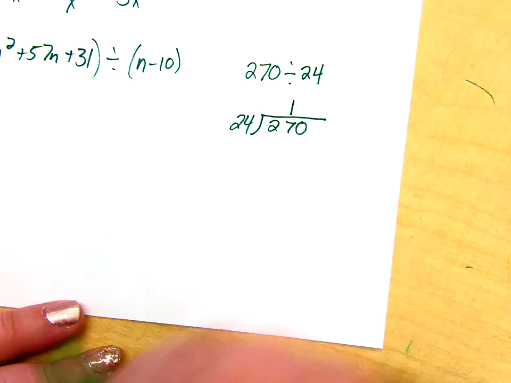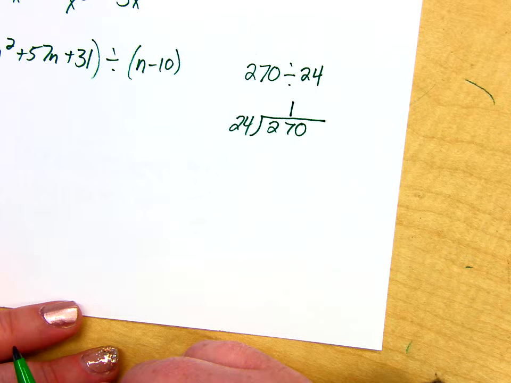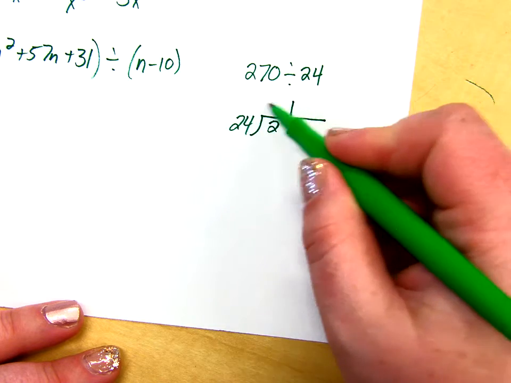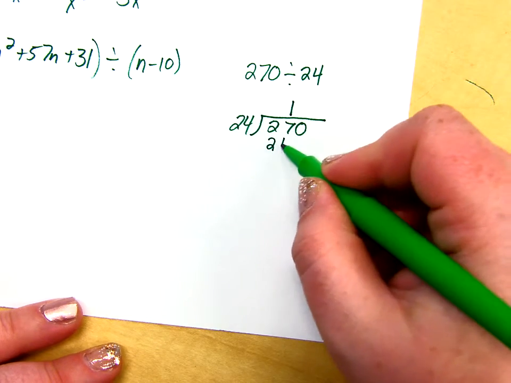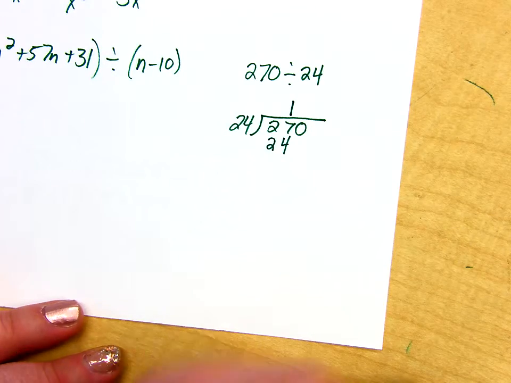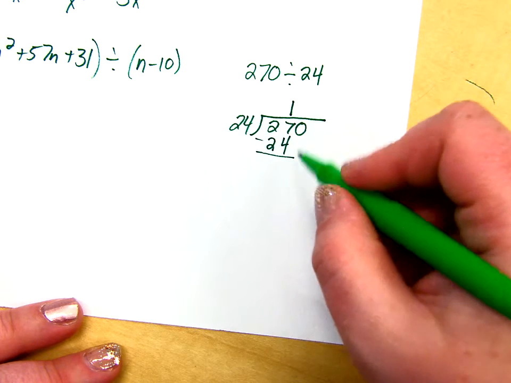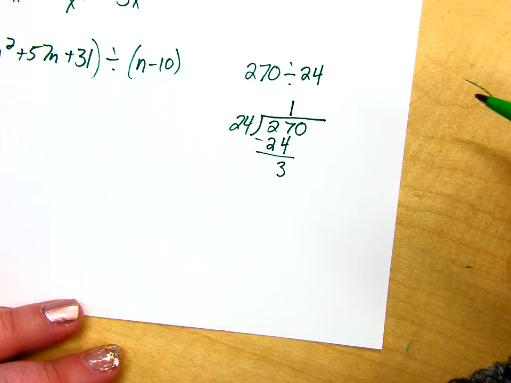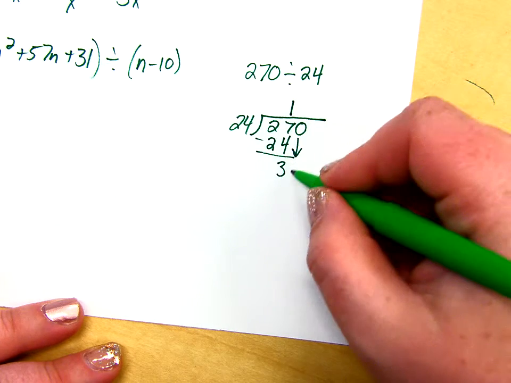So you put a 1 at the top, and then you multiply by what's out in front. So 1 times 24 is 24, and then you subtract them. 27 minus 24 is 3, and then you bring down the 0.